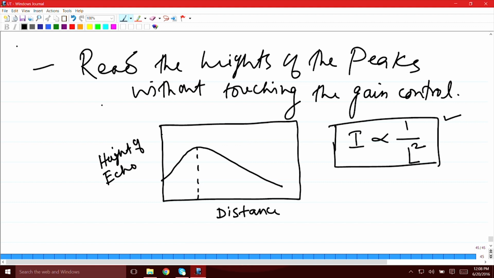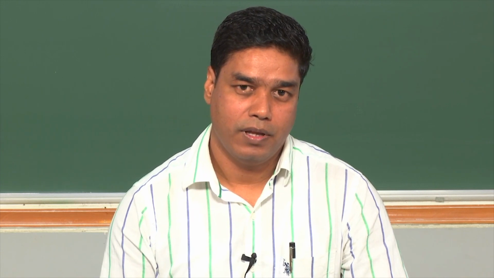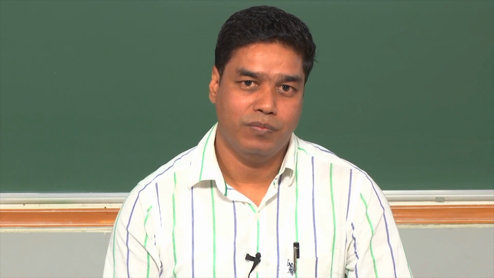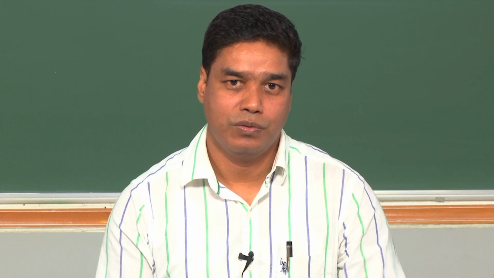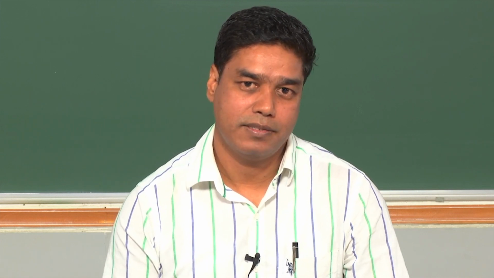So, along this line you have two different regions which are behaving differently with respect to the intensity as a function of distance. Okay. So, can you guess what these two regions could be from what we have discussed so far, particularly in the nature of the beam which is used to do ultrasonic testing?